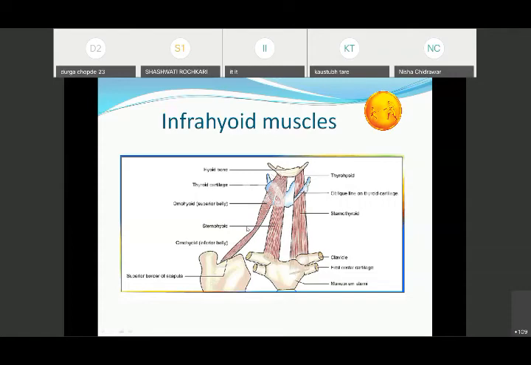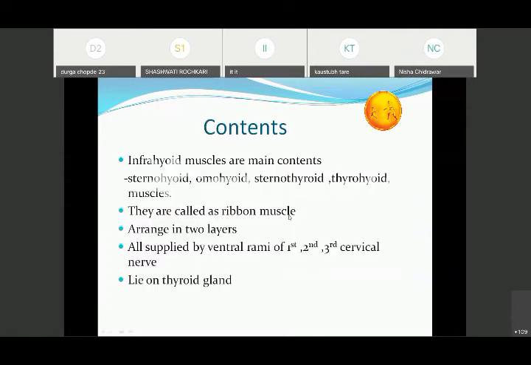Again repeating: omohyoid from scapula to the hyoid bone; sternohyoid from sternum to the hyoid bone; third, sternothyroid from sternum to the thyroid cartilage, on the oblique line of the thyroid cartilage; and from the thyroid to the hyoid, that is the thyrohyoid muscle. These are the infrahyoid muscles. They are the main content of this muscular triangle.